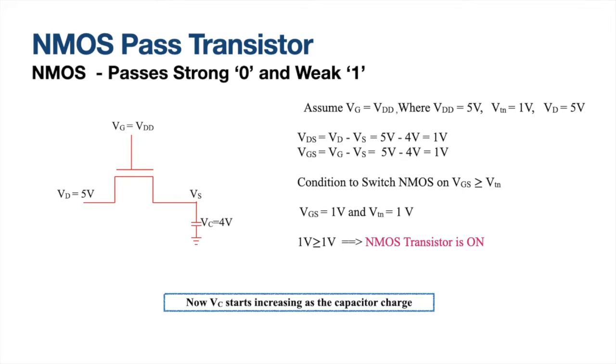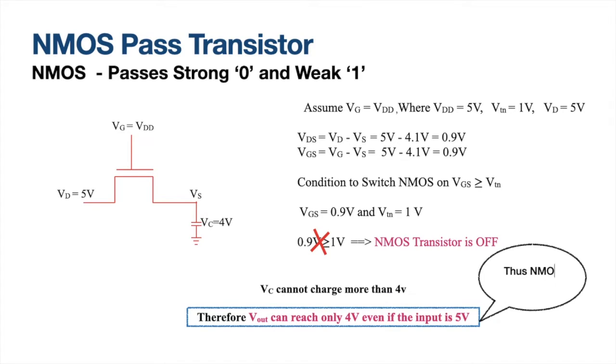Let us increase some more. When we increase this 4 volt, when it starts charging above 4 volt. Now, when we increase the voltage slightly above 4 volts, it is going to pass this 5 volt completely on the other side. But when it slightly increases than 4, what happens? Let us see.